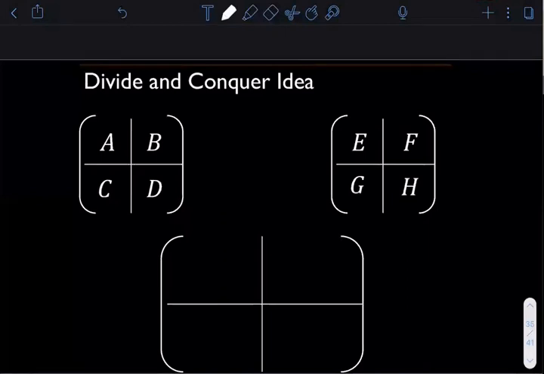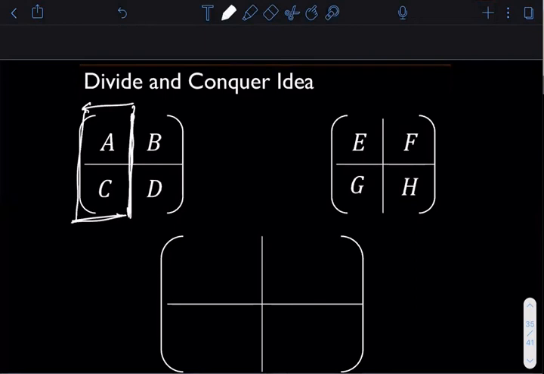Nikhil asks why we can't divide it into only half. Nikhil, the problem is, suppose you do that, then what is going to be your smaller subproblem? Your smaller subproblem is going to be this rectangular shaped matrix, but this is not a square matrix anymore.